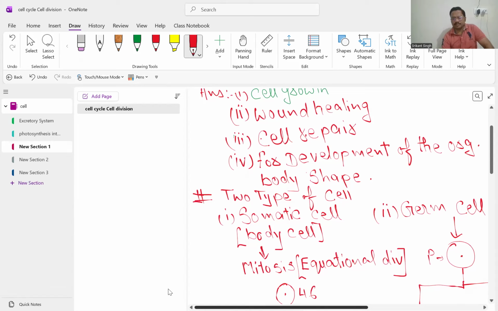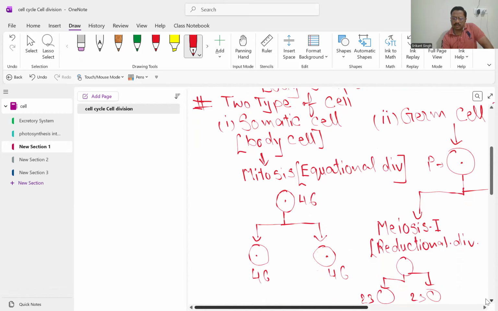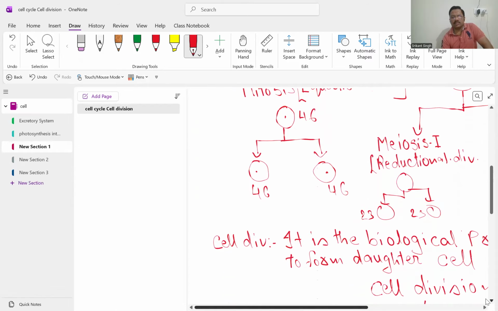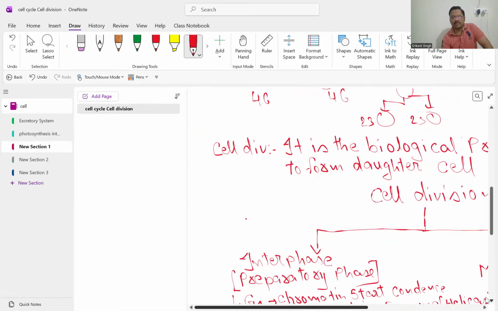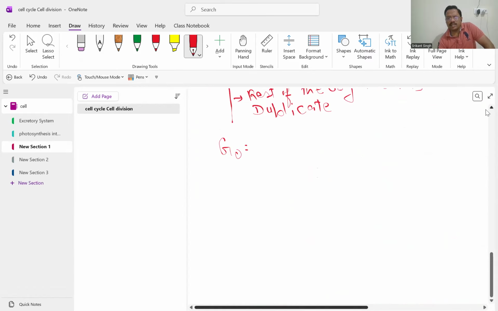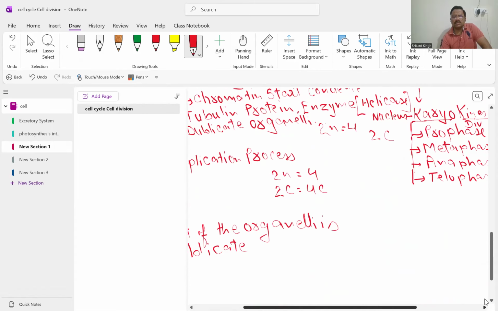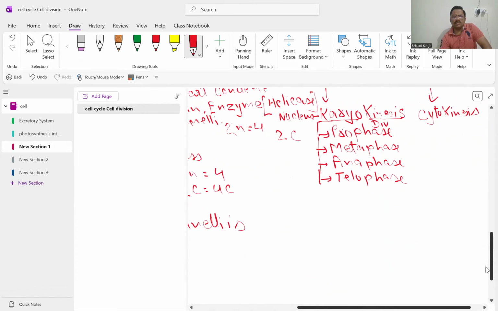So this way, the mitosis process is completed: duplicate genotype, karyokinesis, then telophase, after that cytokinesis.